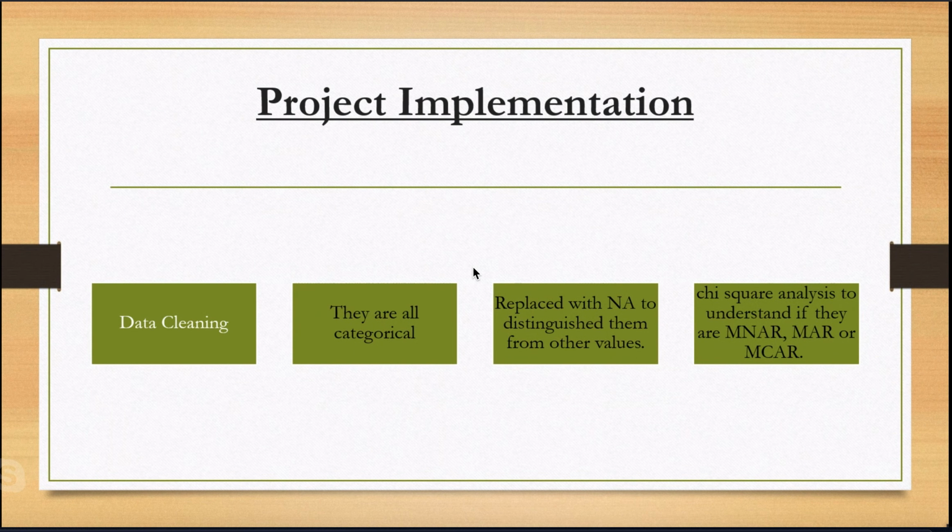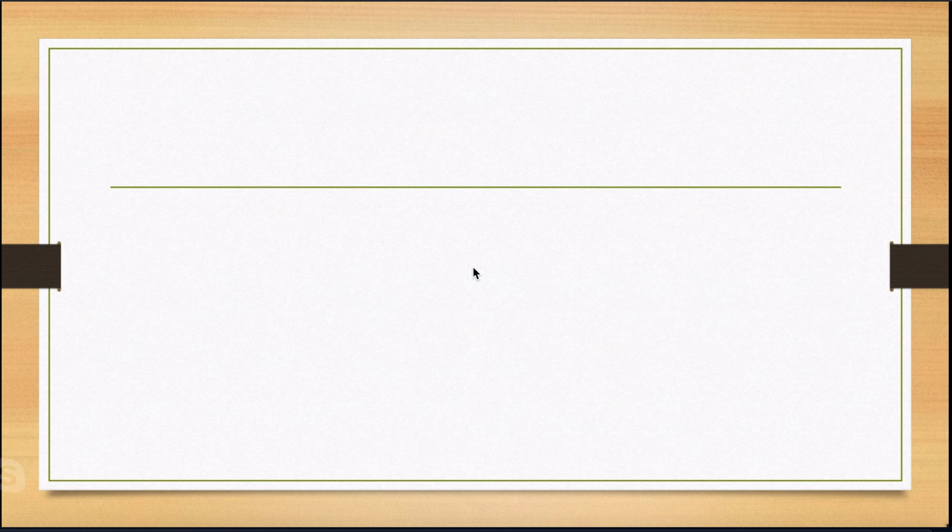We started with data cleaning, which is the most important and time-consuming step. We spent almost 85% of our time, or even more, on data cleaning. The data that we have is basically categorical, and we replaced the missing values with NA, and also used a chi-square analysis to understand if they are MNAR, MAR, or MCAR.